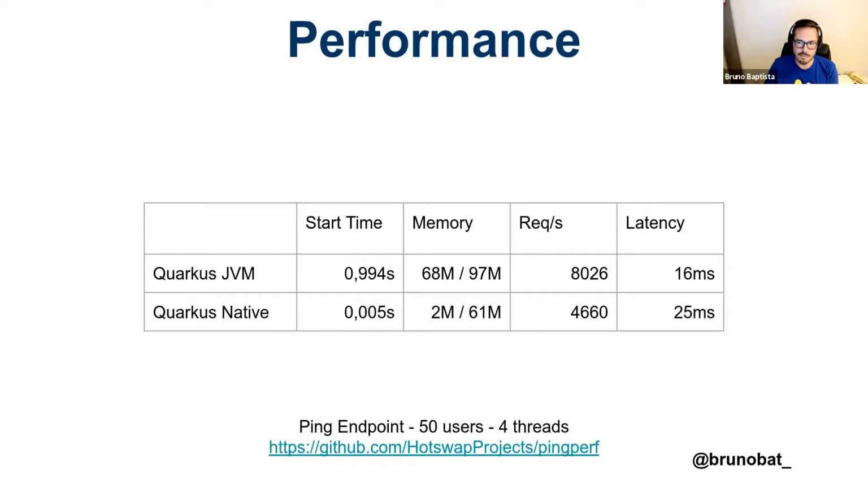That's why you have less throughput, but you can have many more native services serving your requests. So it's a matter of balancing what you need. If you need a service that's always on, that will adapt and has a higher throughput, or if you can go native, because some functionalities might not be available in native mode. If you are using some kind of reflection inside your code, that can be a problem.